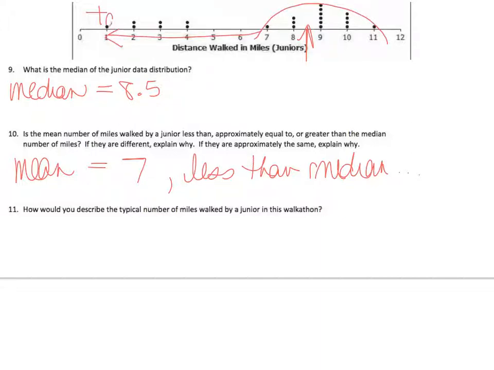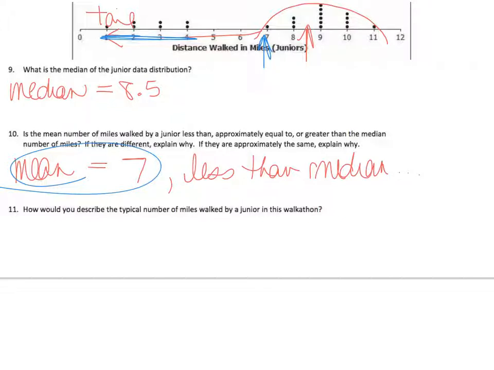This is my tail. The small cluster of data values to the left pulls the mean to the left. The median's not affected by the cluster to the left. We have a median of 8.5. Let's see, I can do this in blue. A mean of 7. This tail pulls my mean to the left, right?